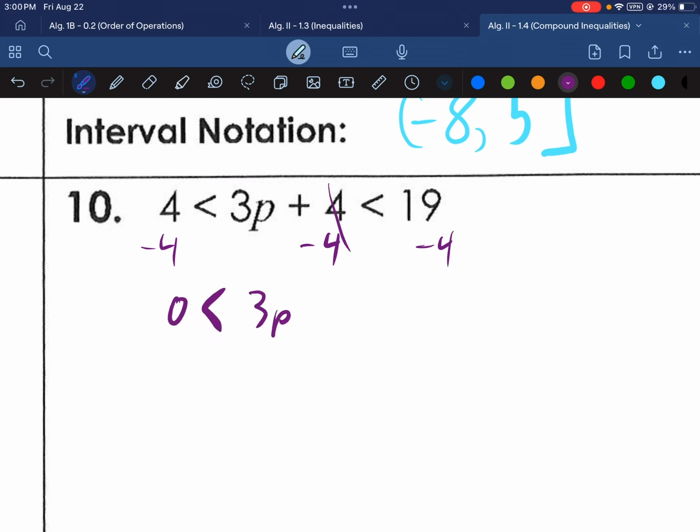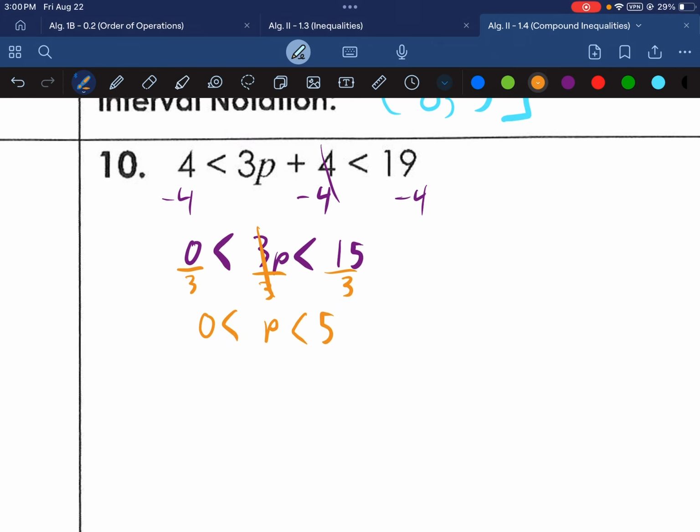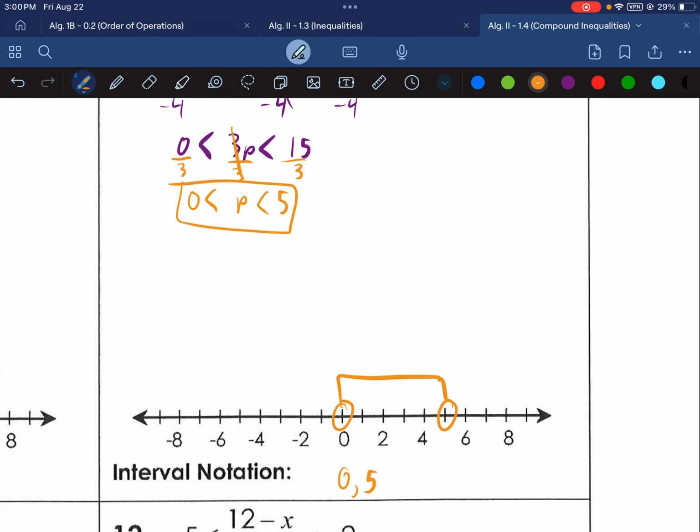But if I divide one part by 3, I divide all 3 parts by that as well. And 0 divided by 3 is 0, and 15 divided by 3 is 5. And now we have 0 is less than p, which is less than 5. And that's our answer. So graphing it, we do an open circle at 0, an open circle at 5, and we connect the two. Interval notation, (0, 5), and we have parentheses on those.